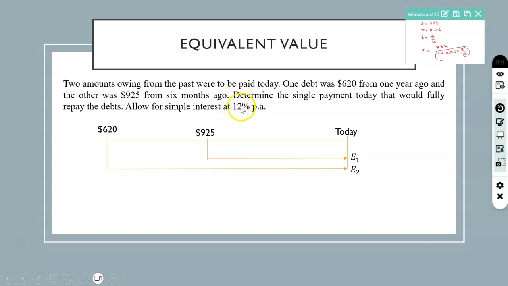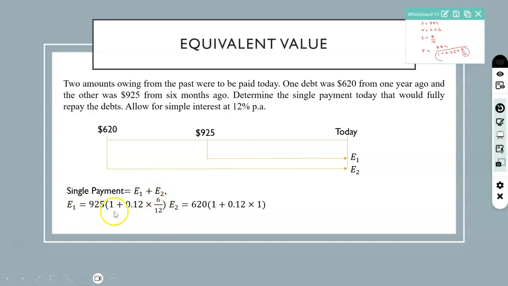R is 12%, and T is 1 year for E2 and 6 months for E1. 6 months we can convert into years, that is 6 over 12, and substitute in the future value formula. You can calculate E1 and E2 using the calculator. Add these two to find the single payment which you can return today to clear your debt.